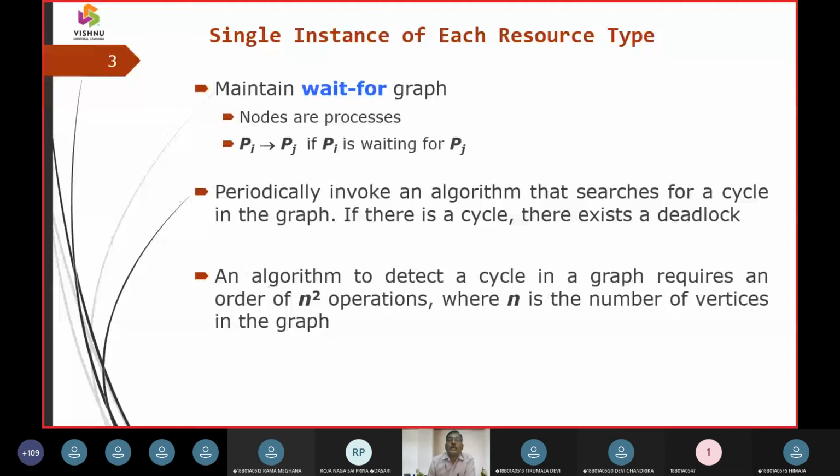The two things this is going to emphasize are a single instance and multiple instances. If it is a single instance, then it opts for the resource request graph, and if it is for multiple instances, then it takes up the Banker's algorithm. So either a resource request graph, or the Banker's algorithm.